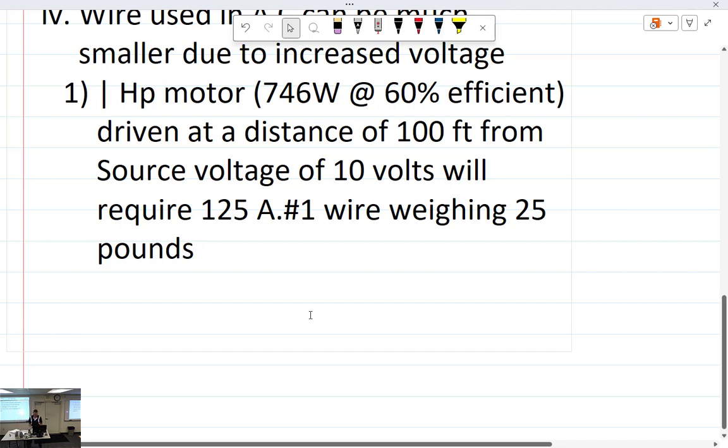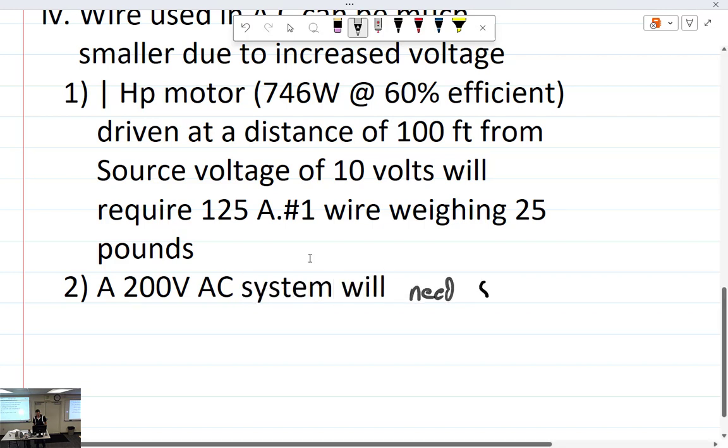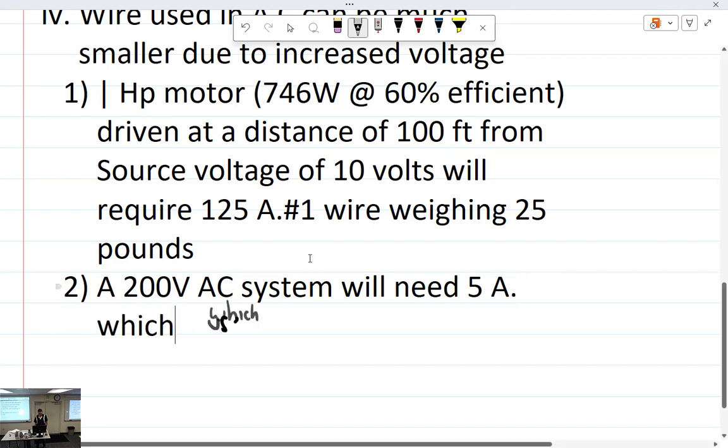We'll get into converting voltage later. So same thing using a 200 volt AC system. It will need 5 amps, which uses a number 18 wire, weighing 1 pound.